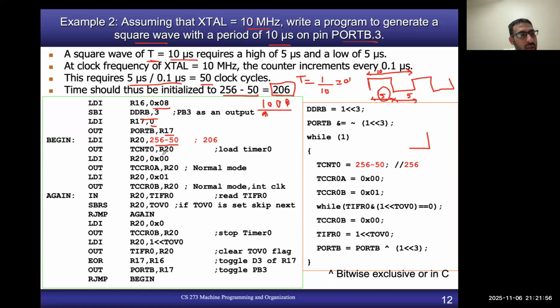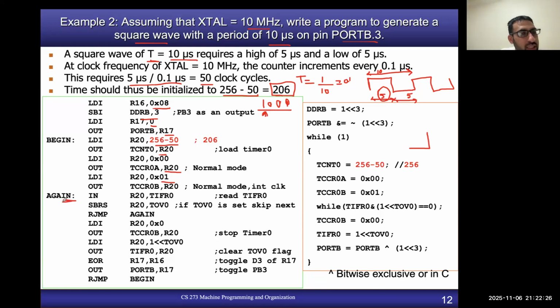After loading TCNT0 with that value, we are selecting the normal mode of operation for the timer by writing the control register A, and by writing the value of 1 in control register B, we are starting the timer. And then we are waiting. We are actually polling, monitoring the flag bit of the TIFR0 register.